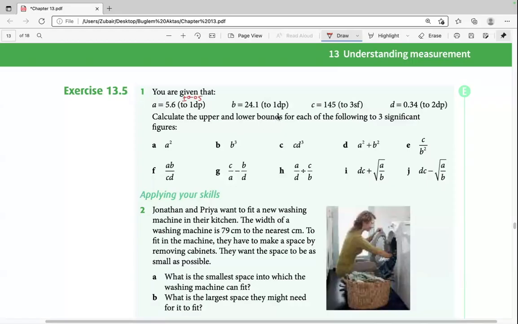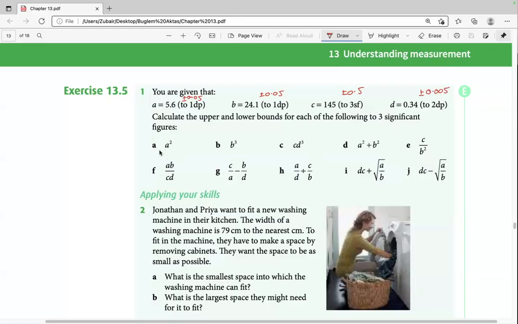Again, 1 decimal place, plus minus 0.05. Three significant figures would be plus minus 0.5. And the last one is plus minus 0.005. Correct. So calculate the upper and lower bound for each of the figures.